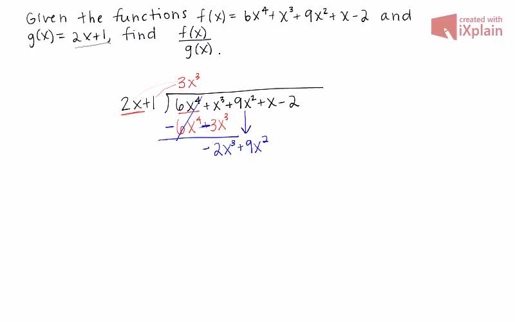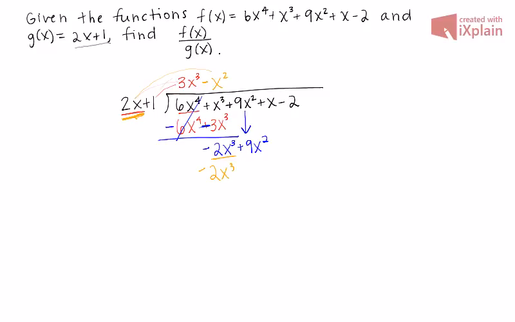I'm essentially going to repeat the process. I'm now going to ask myself, what do I have to multiply 2x by in order to get negative 2x cubed? In order to do that, I must multiply by negative x squared. I then do the same thing. 2x times negative x squared is negative 2x cubed.